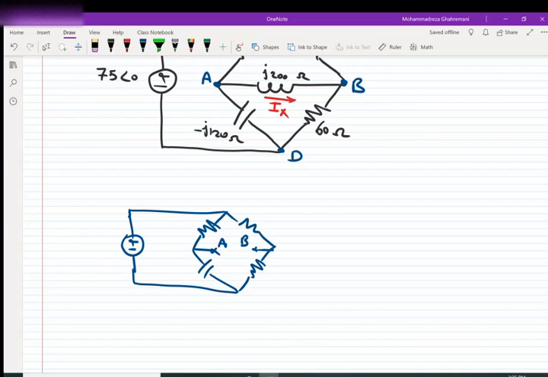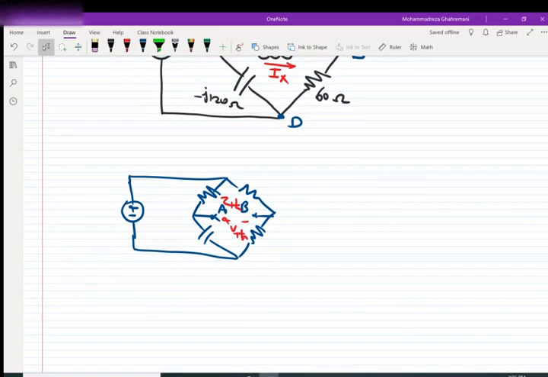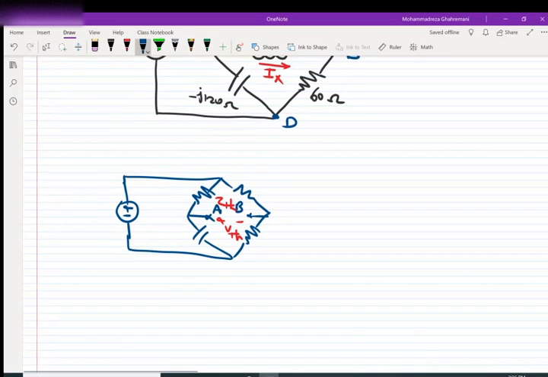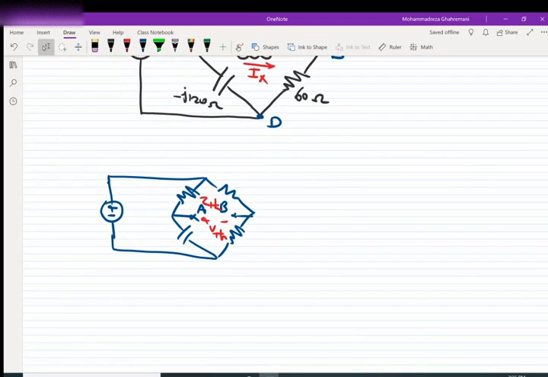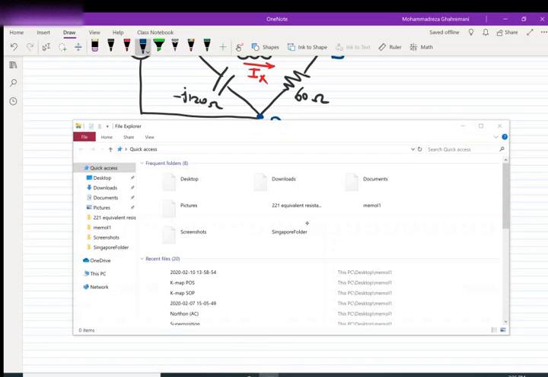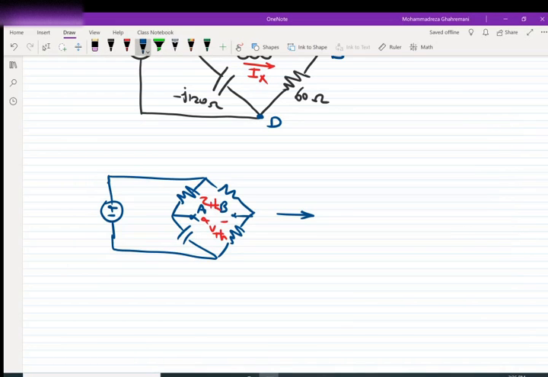So we want to find the V Thevenin and Z Thevenin seen from A and B. So how can we do that? Let's redraw the circuit in a different way, which makes it easier to understand the connections of the circuit.